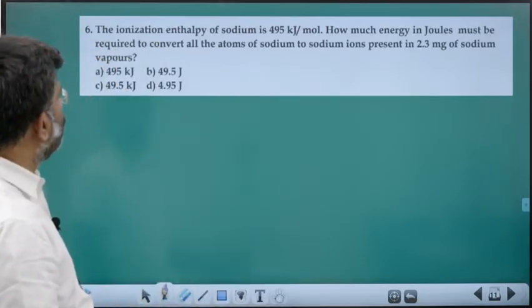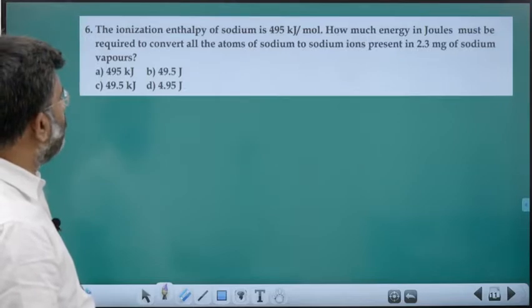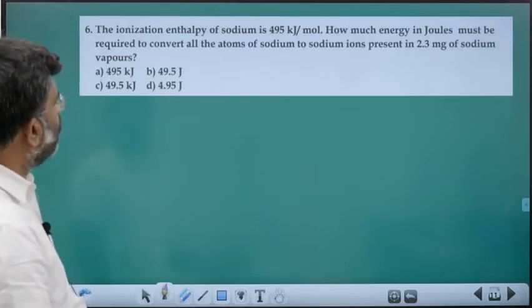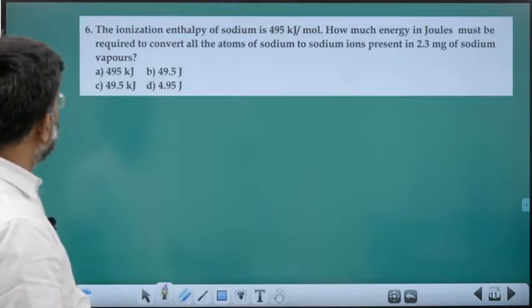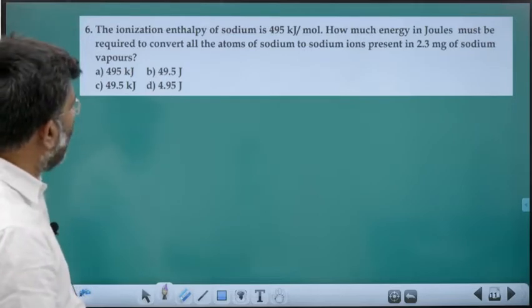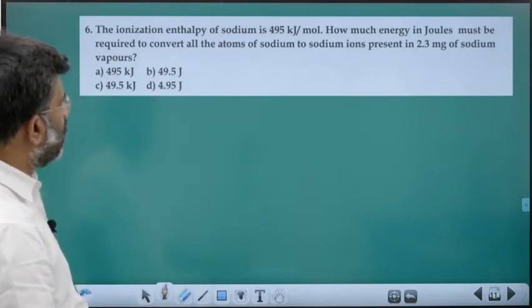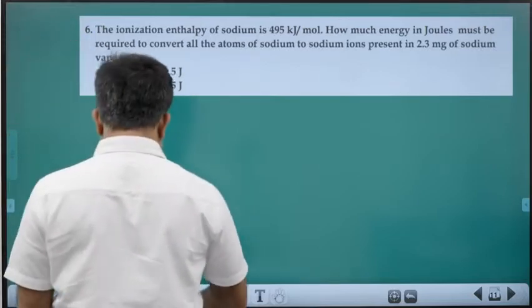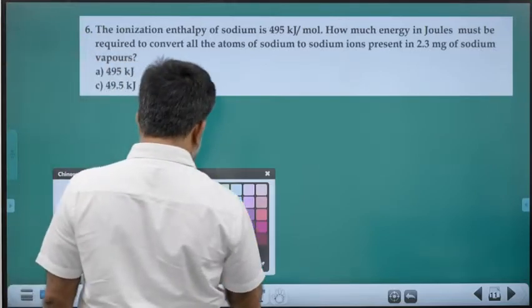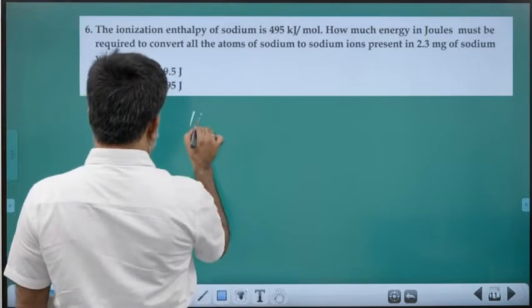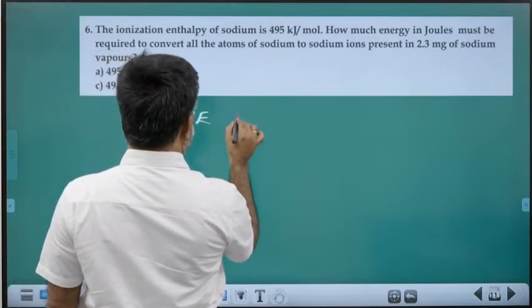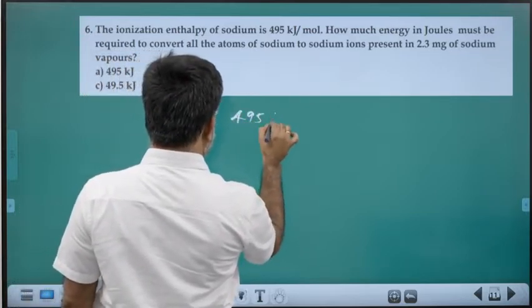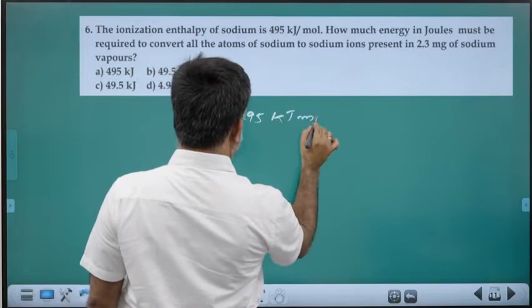Ionization enthalpy of sodium is given as 495 kilojoule per mole. How much energy in joule must be required to convert all atoms of sodium to sodium ion present in 2.3 milligram sodium? So ionization enthalpy of sodium, IE value given as 495 kilojoule per mole.